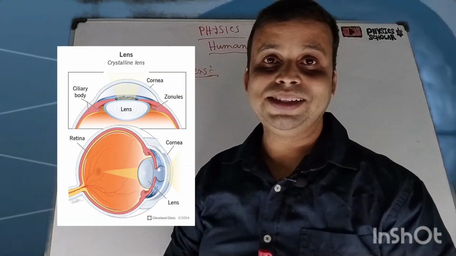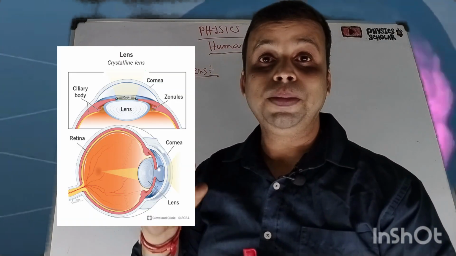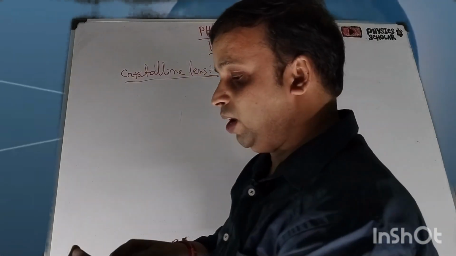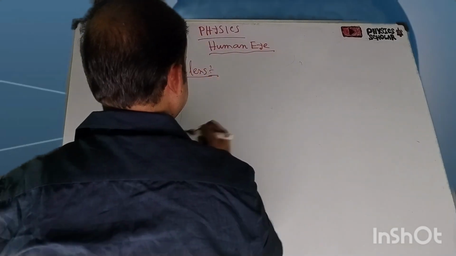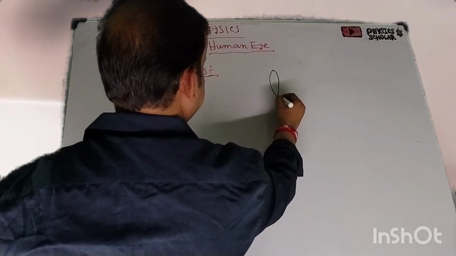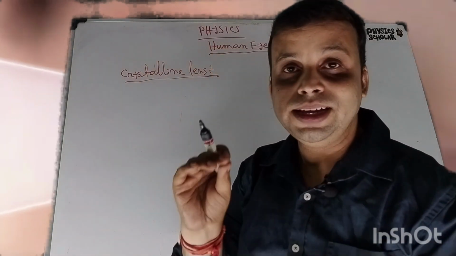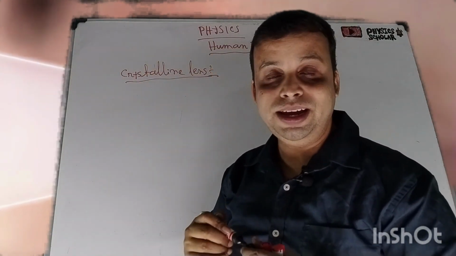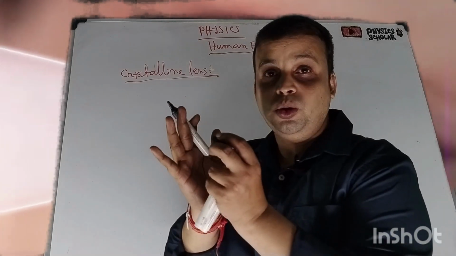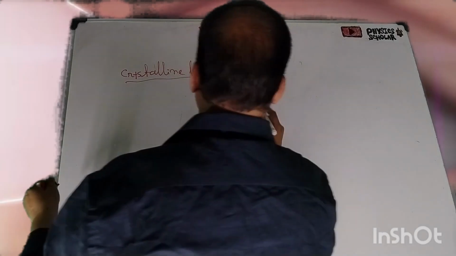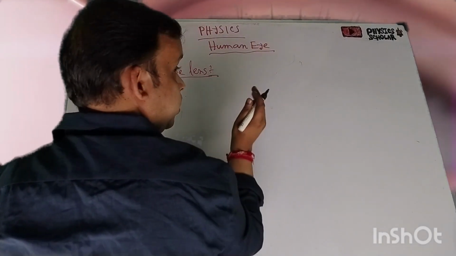Our eyes have a double convex lens. Our eye has a convex lens like this. This lens is held by circular muscles inside our eyes, and those muscles are known as the ciliary muscles.